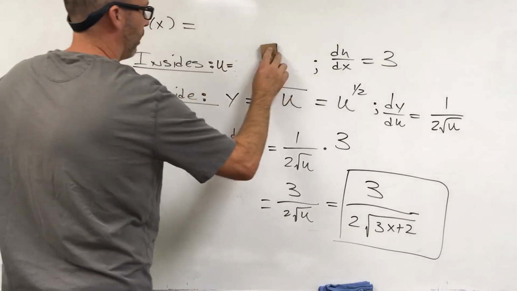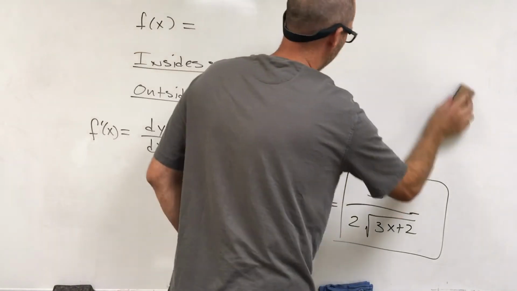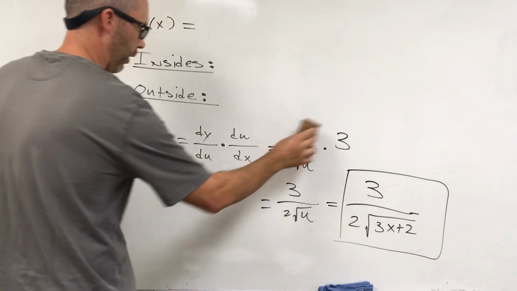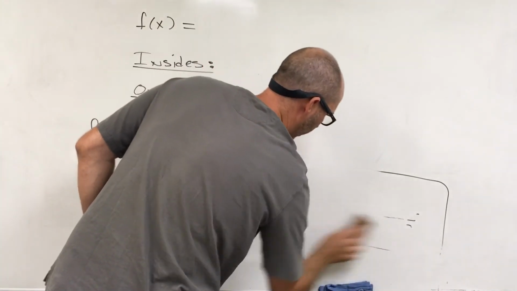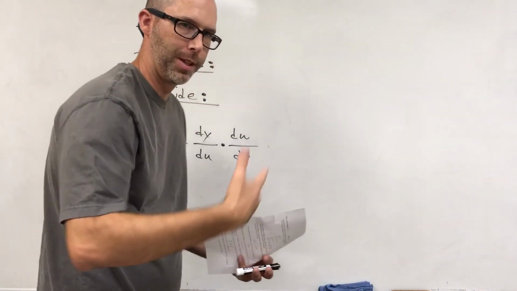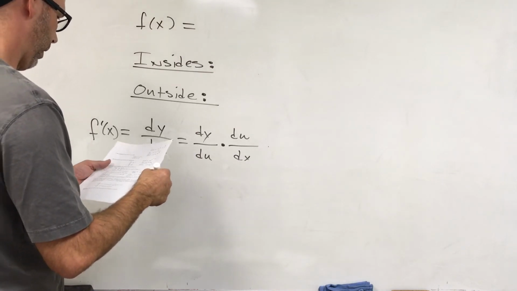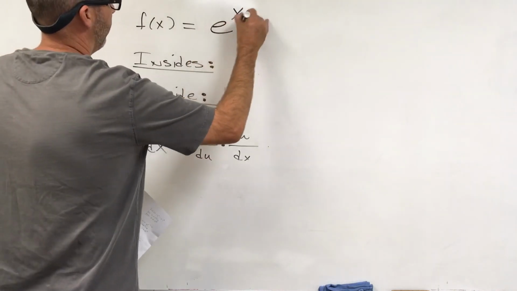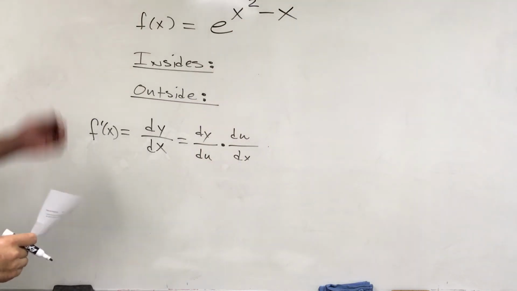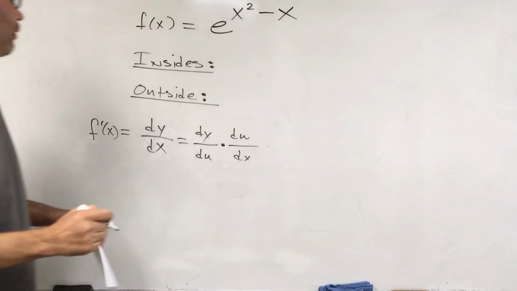Now, this one is going to be a little trickier to find the inside and the outside. So the inside and the outside makes sense when you have parentheses or square root. So I mean, intuitively it makes sense, inside, outside. Let's go with e to the x squared minus x.